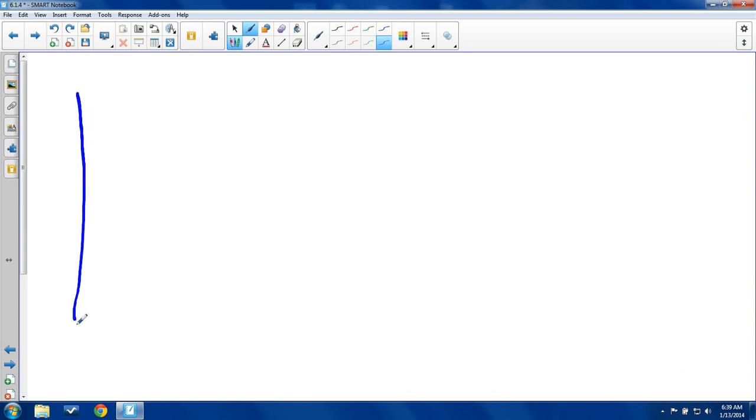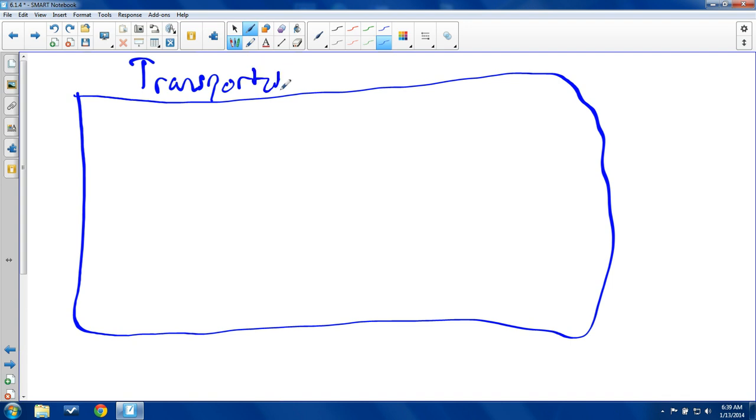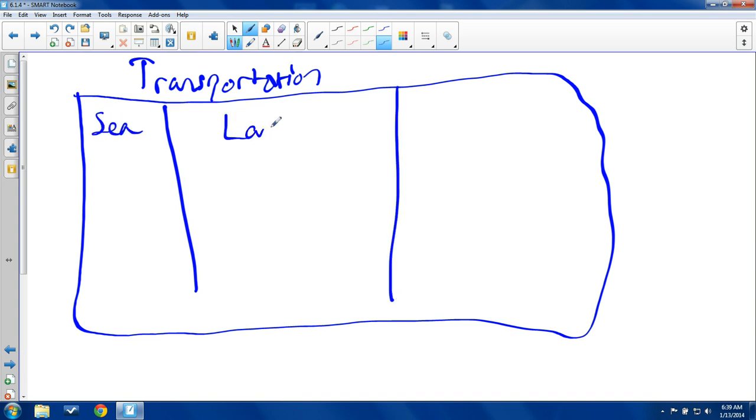So let's say that I'm talking about modes of transportation. Okay, I can divide transportation into different ways. I can go by sea, land, and air. And within sea, I can be on a boat, I can swim, jet ski, or whatever, right?